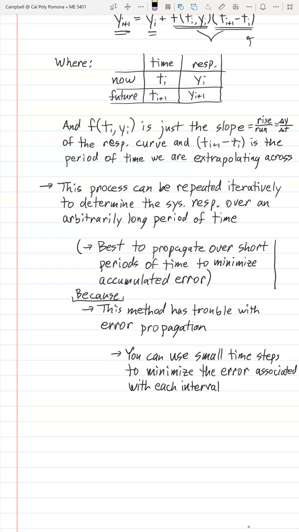We have computers, very capable computers, and so throwing many small time steps at a particular numerical integration, a particular propagation, actually really isn't that hard to do these days. Our modern computers are so fast, you may have to blink your eyes twice rather than once before you get the system response, even going up an order of magnitude for the number of integration points that you use for a particular propagation.